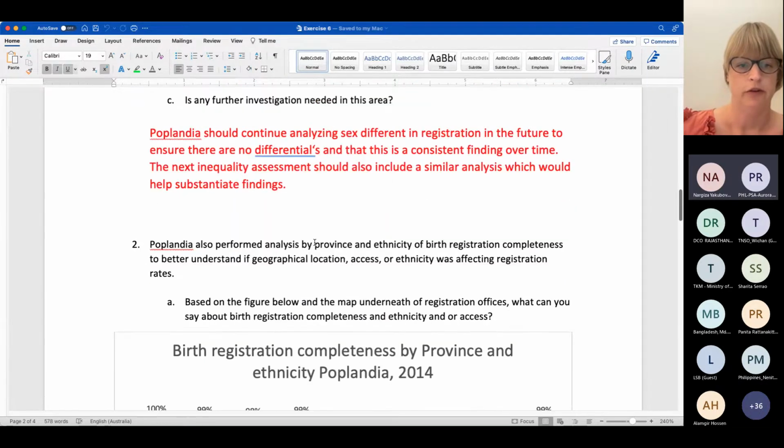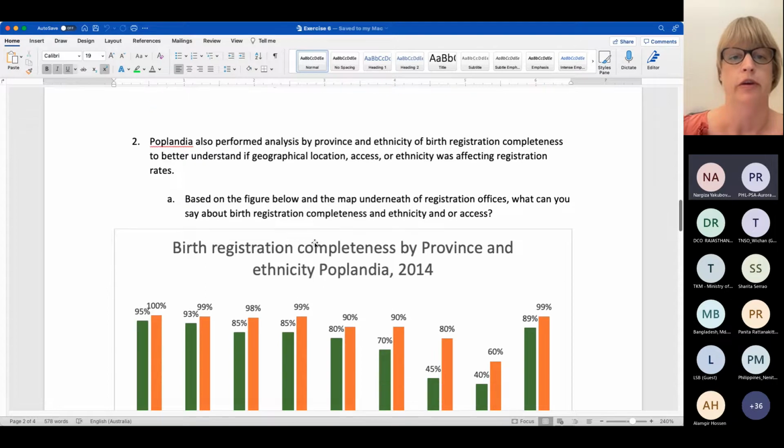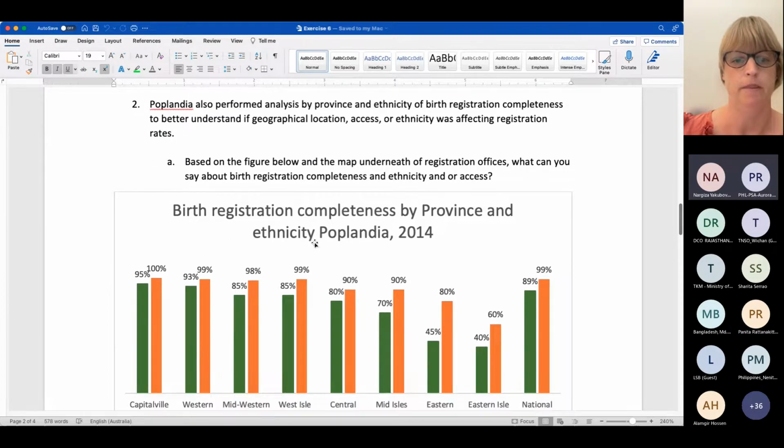So let's go on to the last question. Well, actually there's 3, but question 2 is also referenced in the PowerPoint. Populandia also performed analysis by province and ethnicity of birth registration completeness to better understand if geographical location, access, or ethnicity was affecting registration rates.